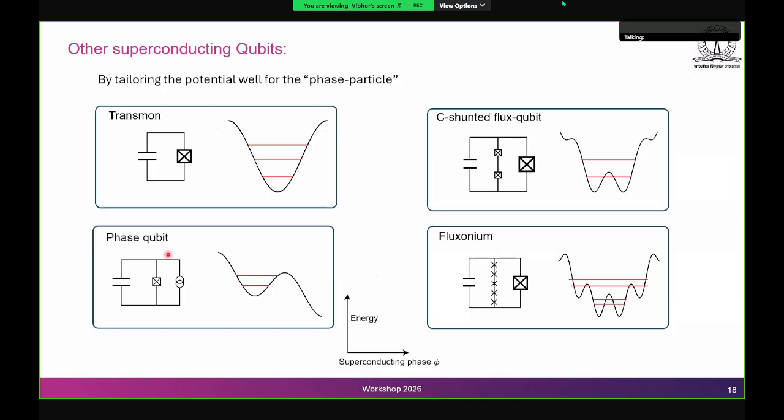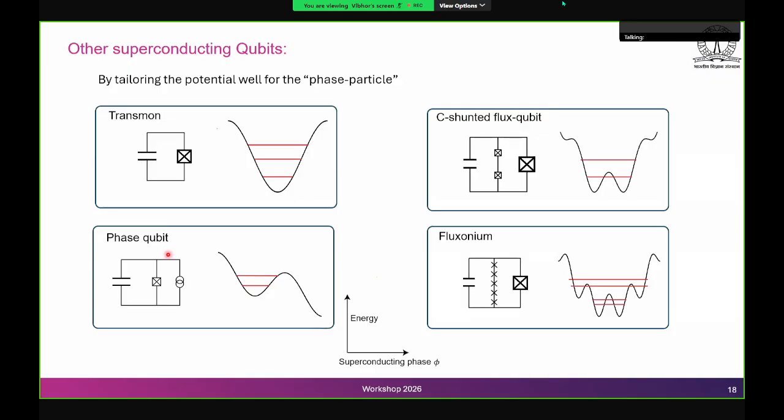The other point here is that there exists a whole plethora of superconducting qubits. I have just taken some representative examples, but the philosophy goes the same way: you are trying to prepare a design and make it less sensitive to certain types of noise.